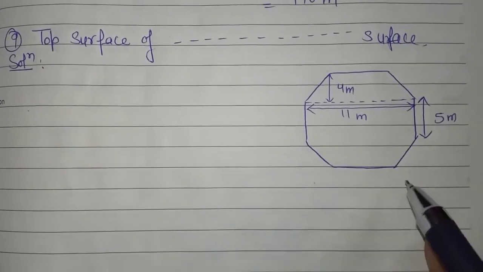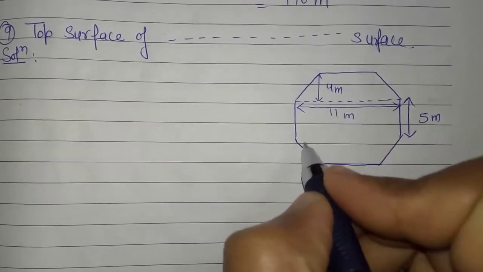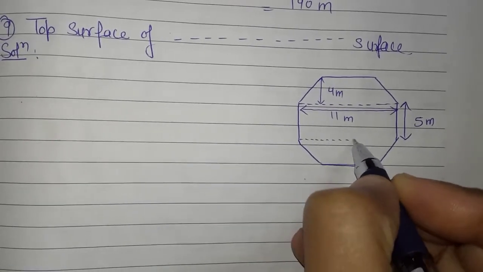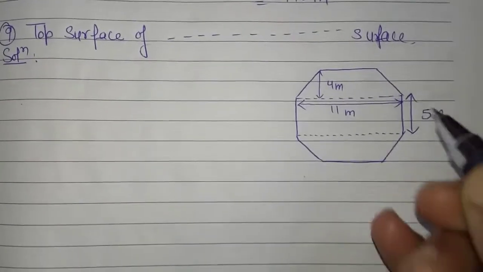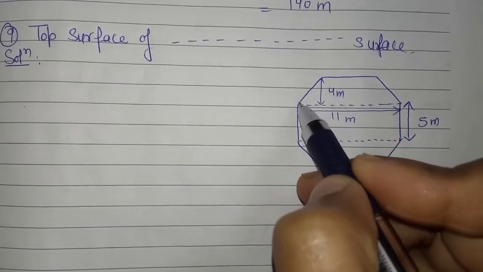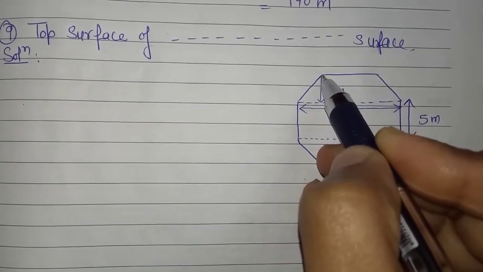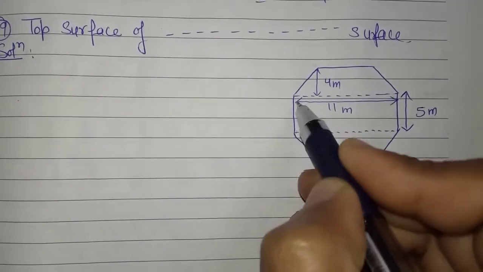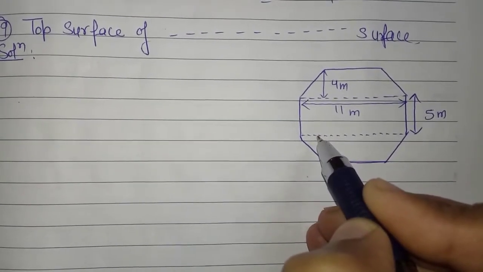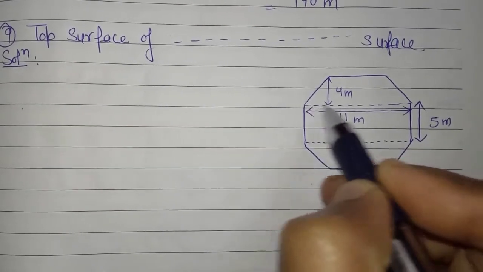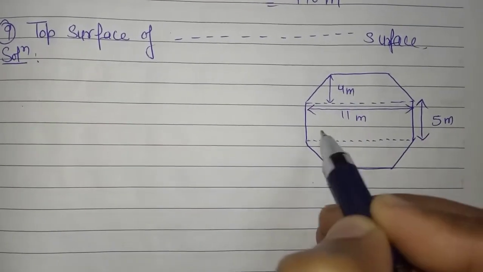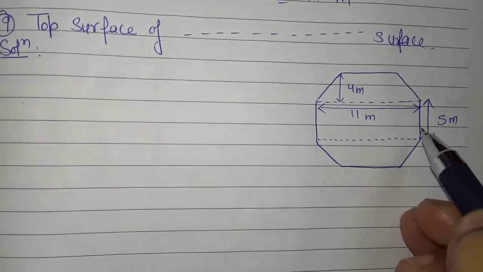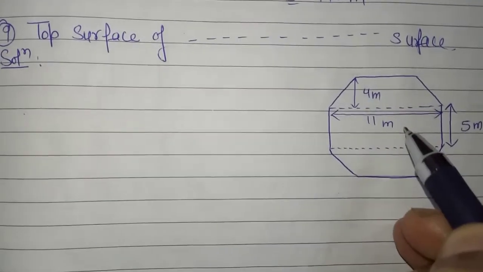Now the same figure I have drawn here. So let's divide the octagon into different shapes. So we can see here we have one trapezium and this is also a trapezium and this is a rectangle. So if we find the area of two trapeziums and area of a rectangle, we can find by adding all the areas the area of this regular octagon.